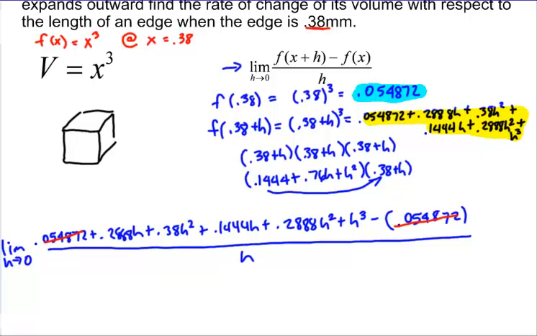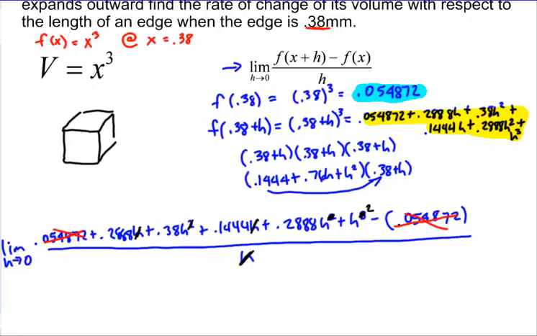However, once these are gone, everything that's left has an h in it, and so I can cancel out an h from each of these terms.